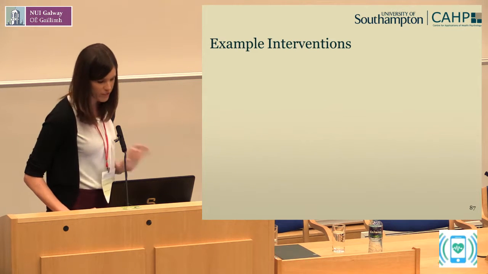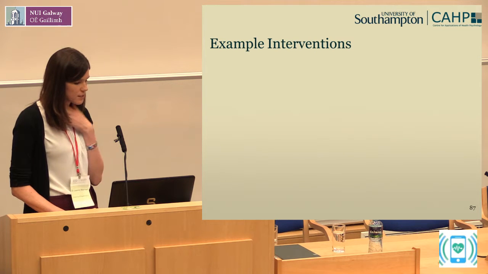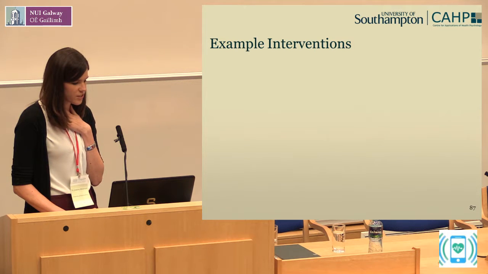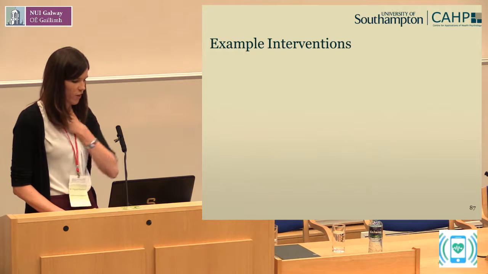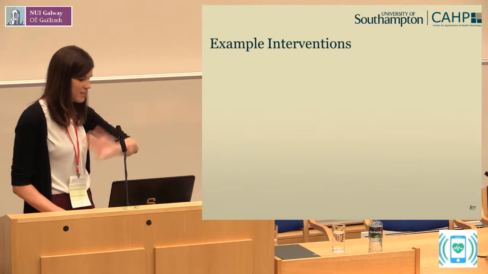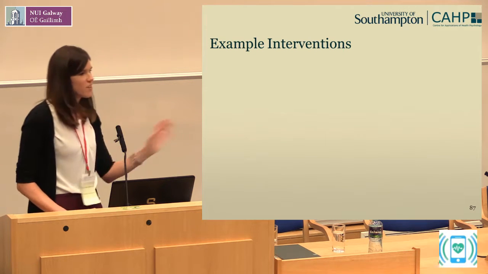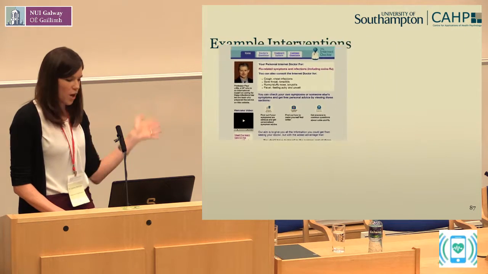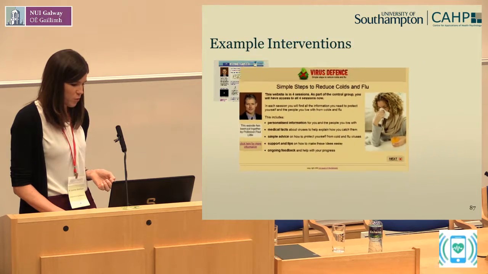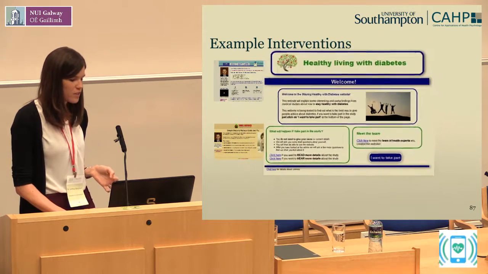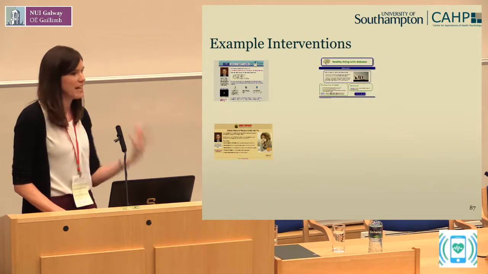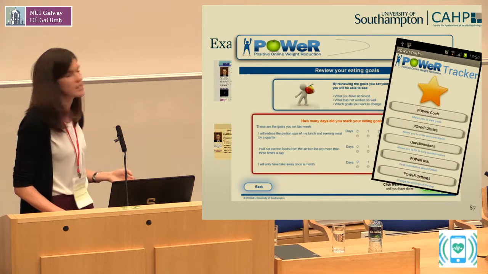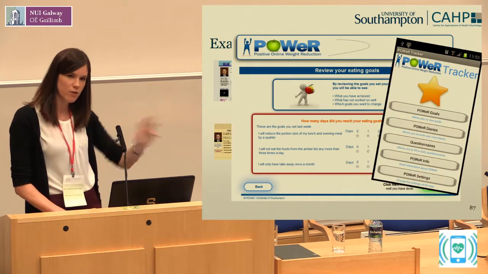So just to briefly run through some example interventions. These are interventions that have been created with LifeGuide many years ago and also recently, so you'll see some vast differences in what they look like, but I don't have time to go through them all in detail. A lot of these have the scope to provide tailored advice, so they're asking users questions and tailoring what can be given.